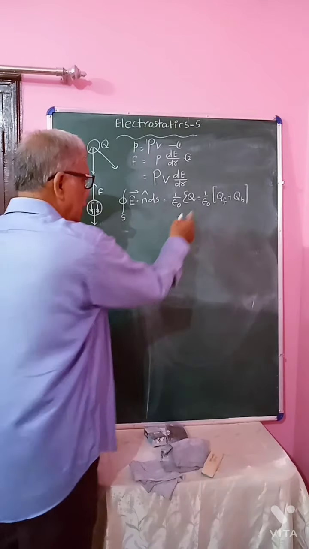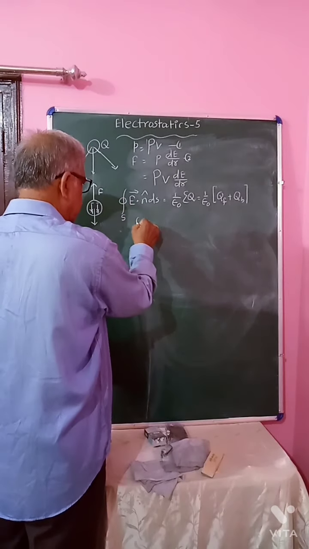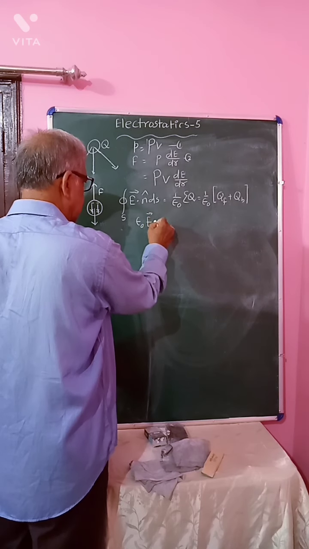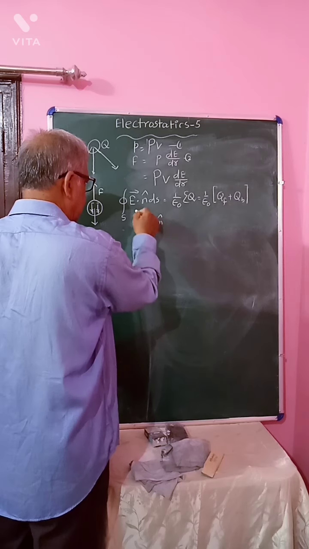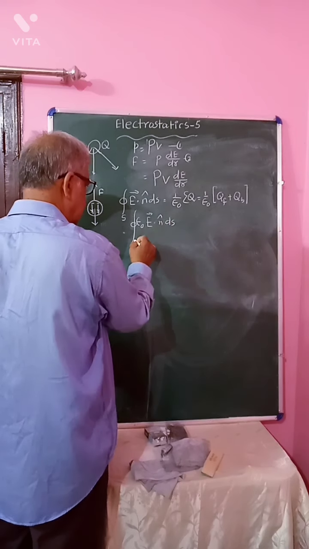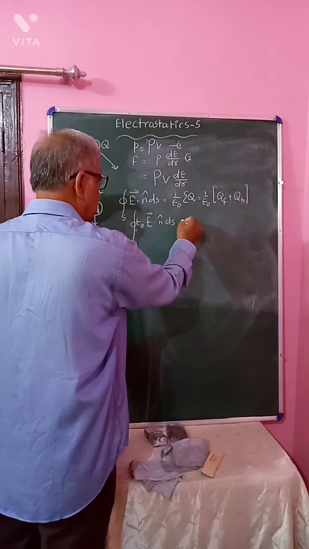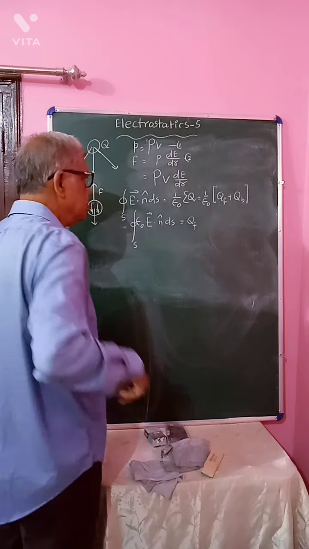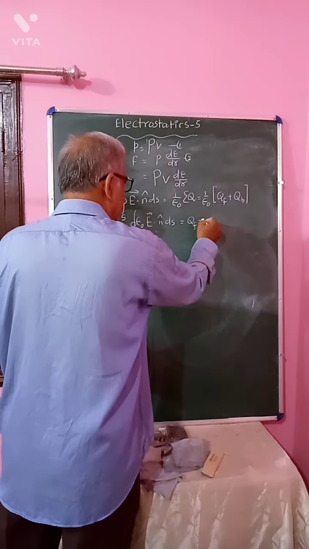Now multiplying by epsilon 0, the integral of intensity E dot n cap dS is equal to QF free charge plus bound charge.